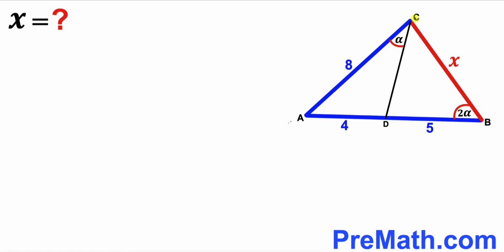And this side BC length is being represented by X. And furthermore, this angle ACD is alpha, whereas this angle CBD is 2 times alpha. And now our task is to find the value of X. In other words, we are going to find this side BC length.